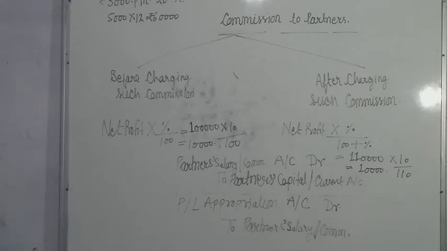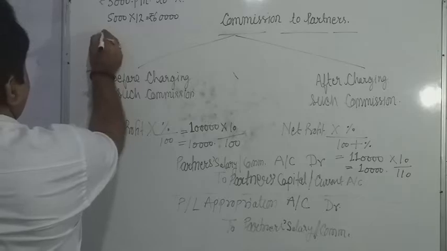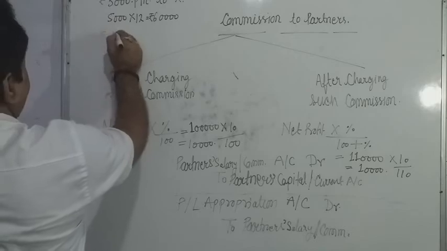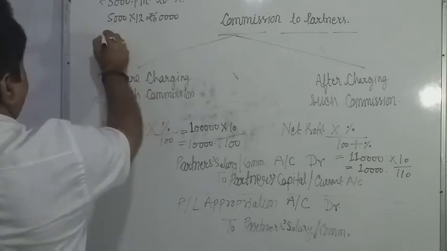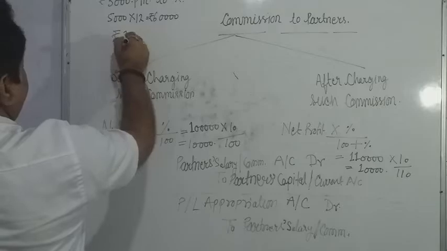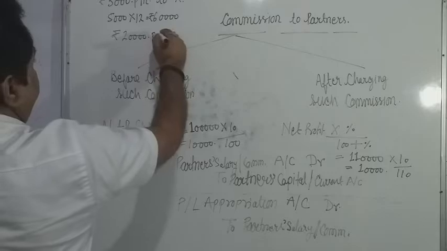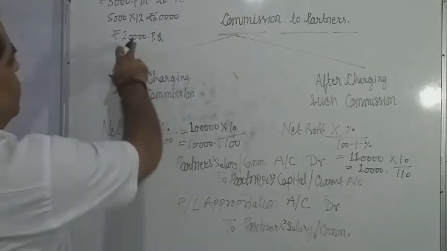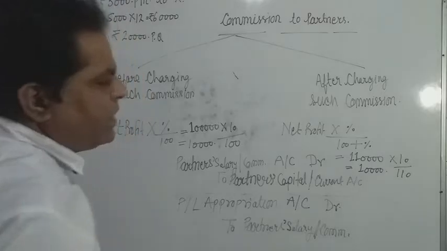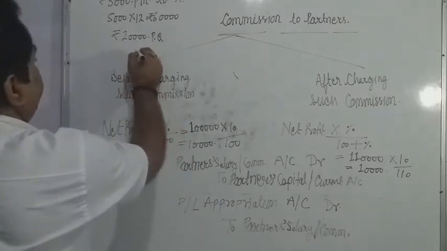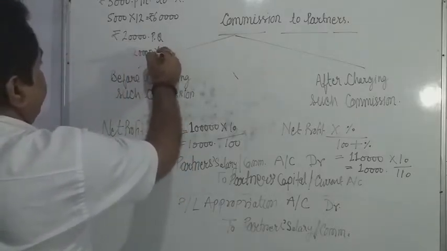In the same way, if we are giving 20,000 rupees per quarter, then in 1 year we have 4 quarters, so this 20,000 rupees will be multiplied by 4.